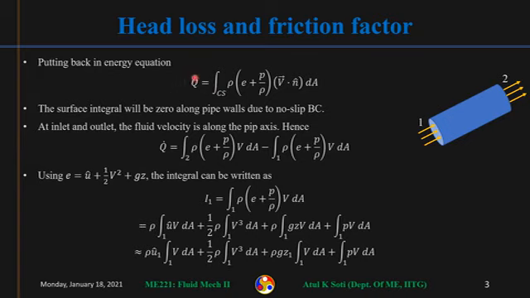So the final form of energy equation is this: Q dot is equal to integration of rho E, and then pressure component is taken on this side, so rho E plus P, or rho (E plus P by rho) times V dot n cap dA.